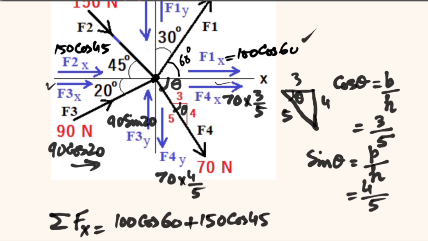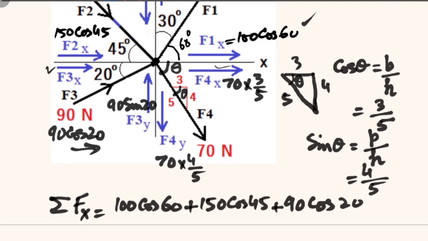Then the third force 90 cos 20, that is also positive. So we have here plus 90 cos 20, and the fourth force is 70 into 3 by 5.